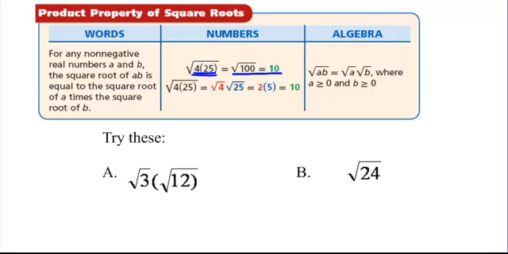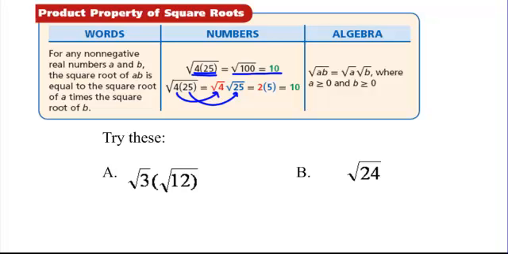Or we can split it up into two square roots. So the square root of 4 times the square root of 25. We know the square root of 4 is just 2, and then the square root of 25 is 5, and we still get 10. So this works forwards and backwards, and you use whatever one you need to in order to break it up into things that you know the square root of.